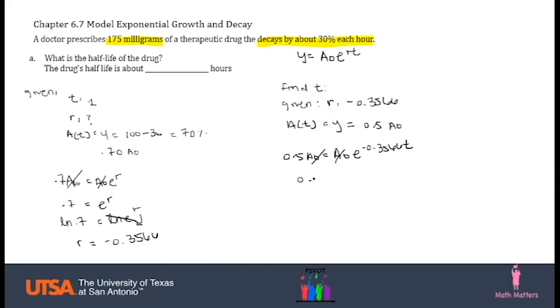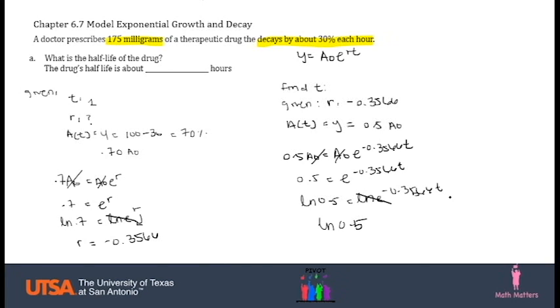And then you're left with 0.5 equals e to the negative 0.3566t power. And then take the ln of both sides. So ln 0.5 equals ln of e to the negative 0.3566t power. And these go away. And then you have ln of 0.5.